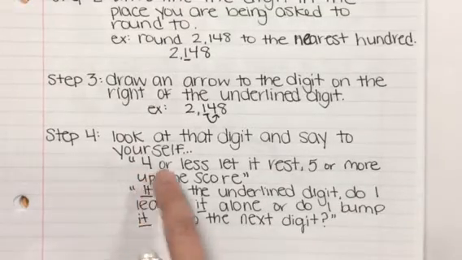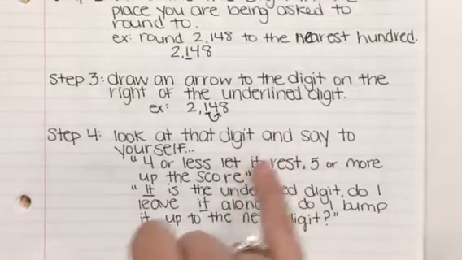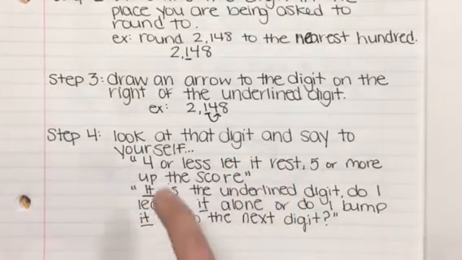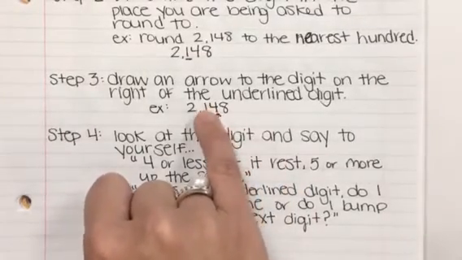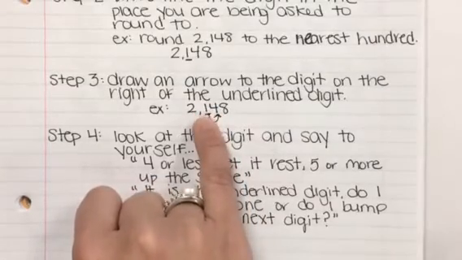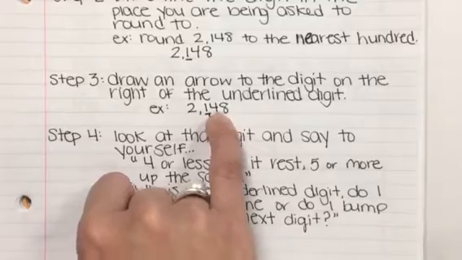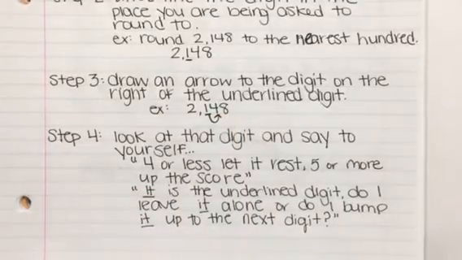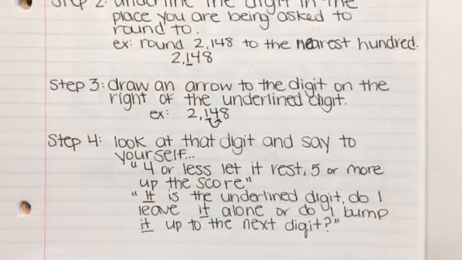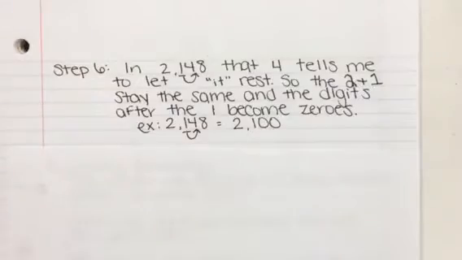So in the saying, 4 or less, let it rest, we're talking about that underlined digit. We're either going to let him rest or we're going to bump him up, depending on where that arrow points to. All right, pause your video, press play when you're ready to begin again.